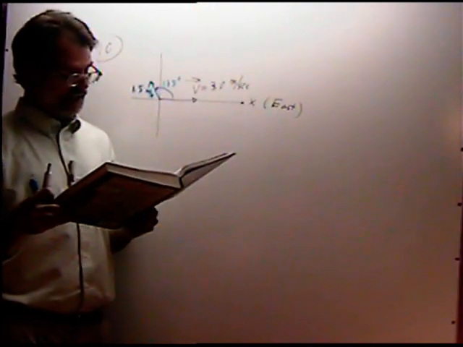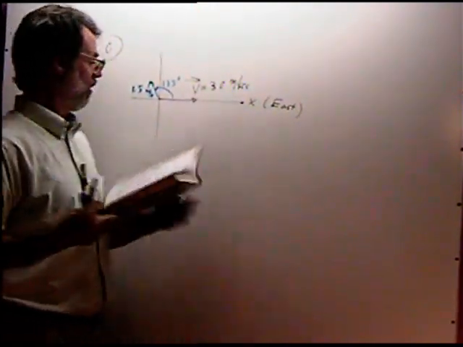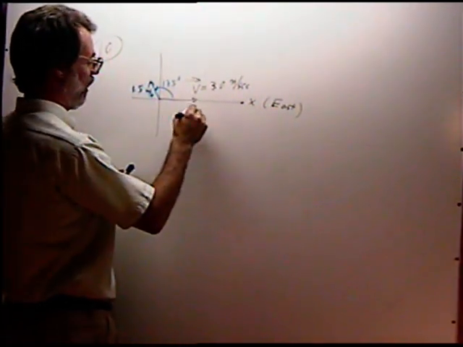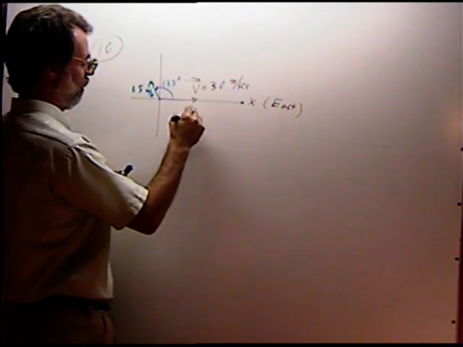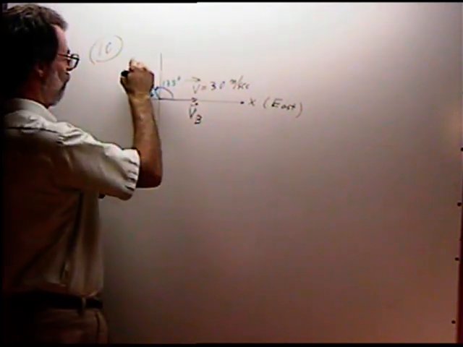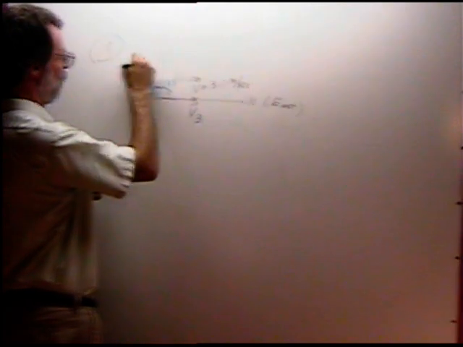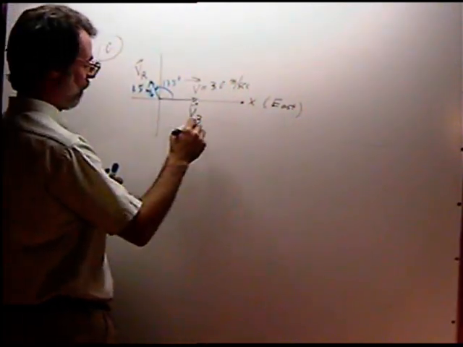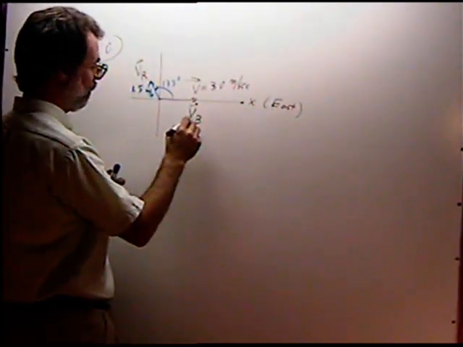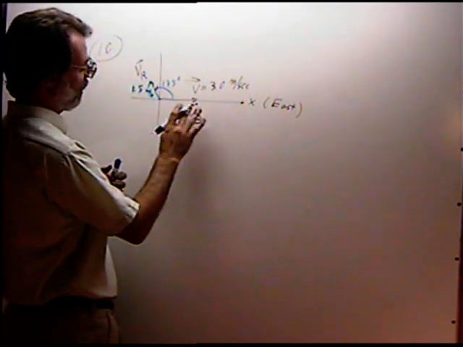The question is, what will be the final velocity of the boat? This is the velocity of the boat, and this is the velocity of the river. This is the heading of the boat.